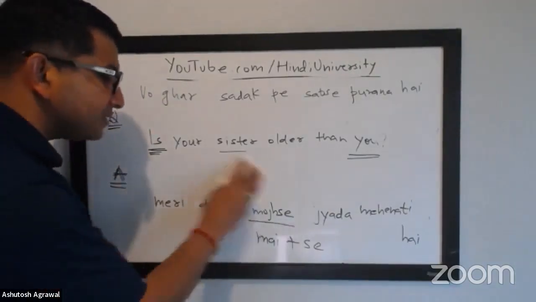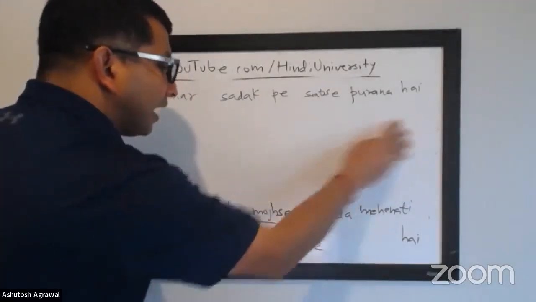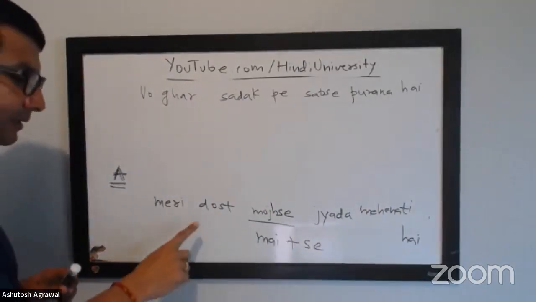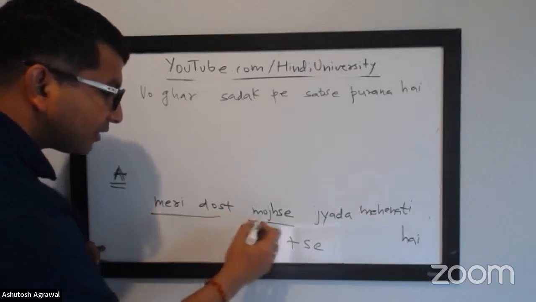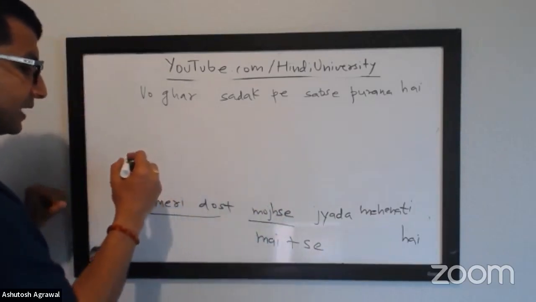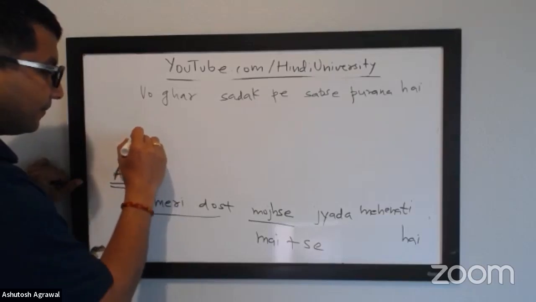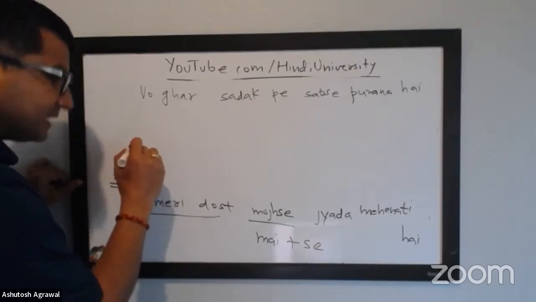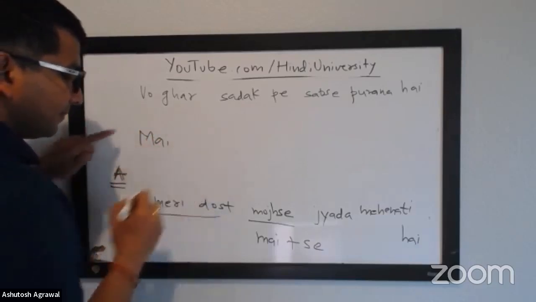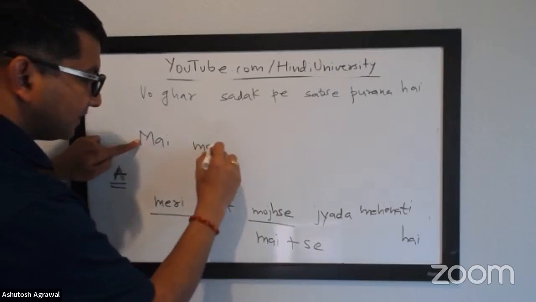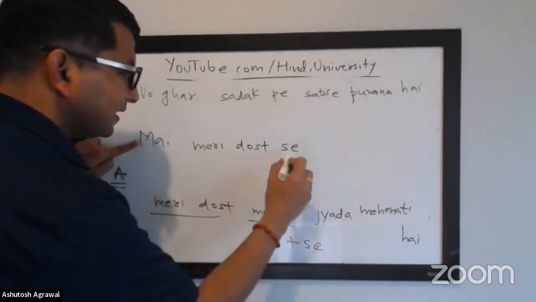Olena ji, if you have to change the order and say I am more hardworking than my friend, same thing, but right now you are saying your friend is more hardworking. Now you have to change the order. How would you say that? मैं मेरी दोस्त से ज्यादा मेहनती हूँ. Very good.